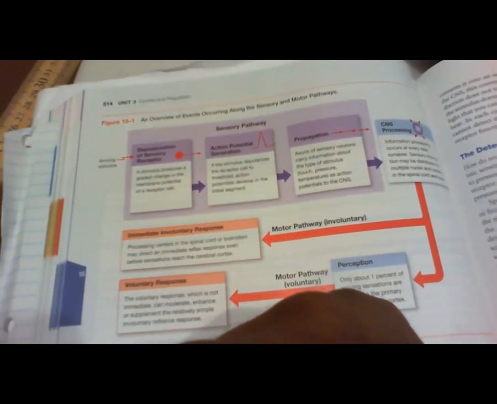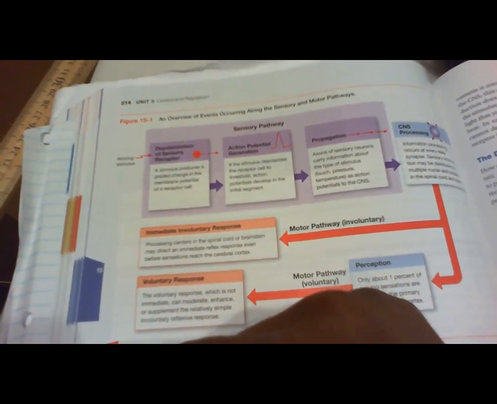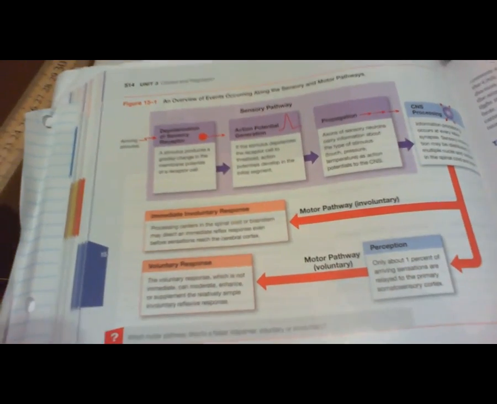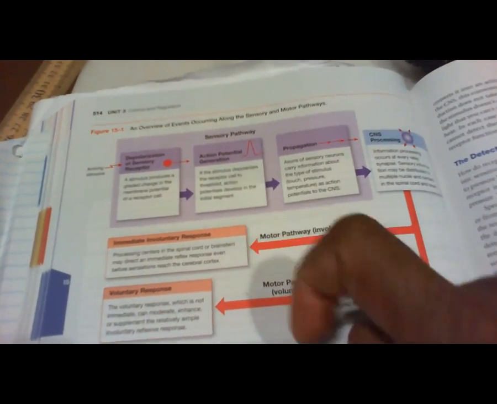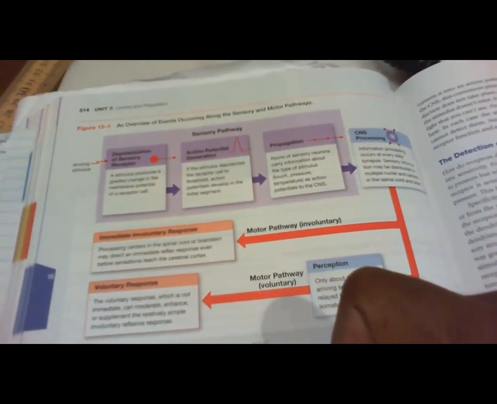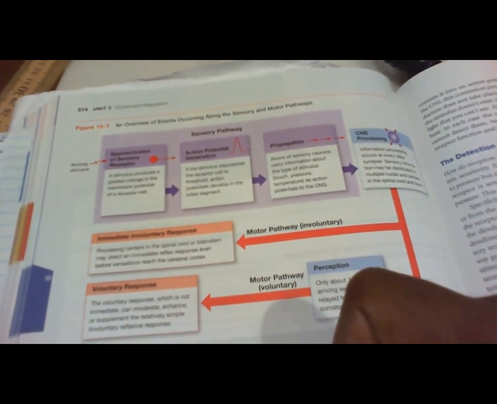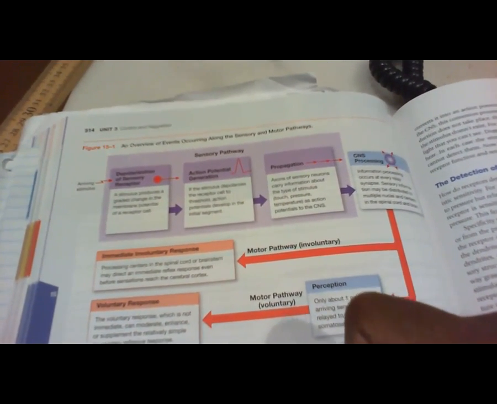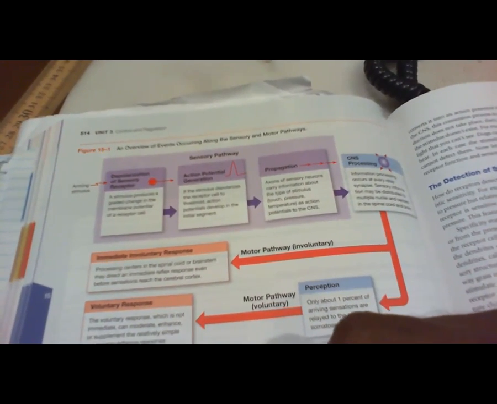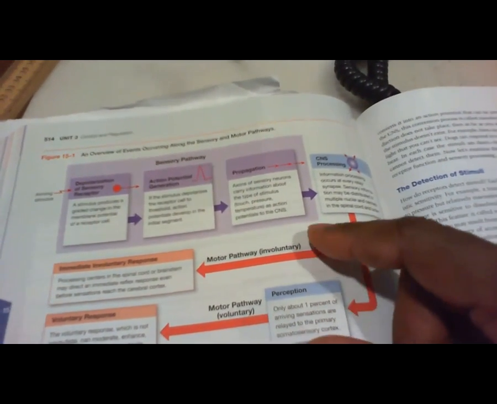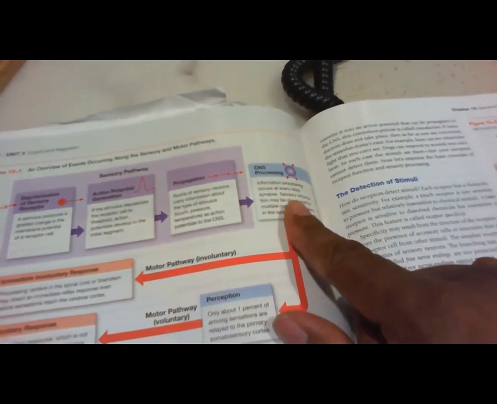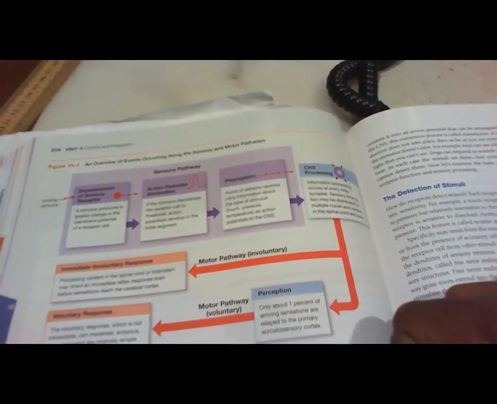Remember the graded responses, right? That's got to be enough to trigger an action potential. If the stimulus depolarizes the receptor cell to threshold, you get that action potential. And then that action potential gets propagated and goes to the central nervous system for processing.